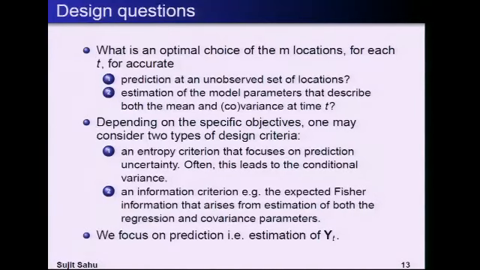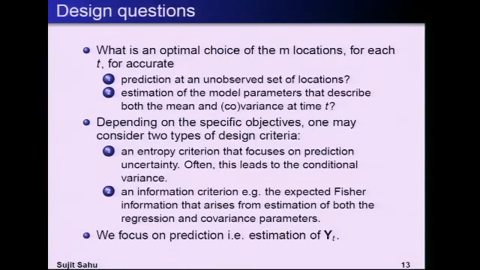We may want to predict at an unobserved set of locations, or estimate the model parameters that describe both the mean and covariance at time t. I have described the model, the covariance function, and the mean parameters as well. Depending on the specific objectives, we may consider two types of design criteria.